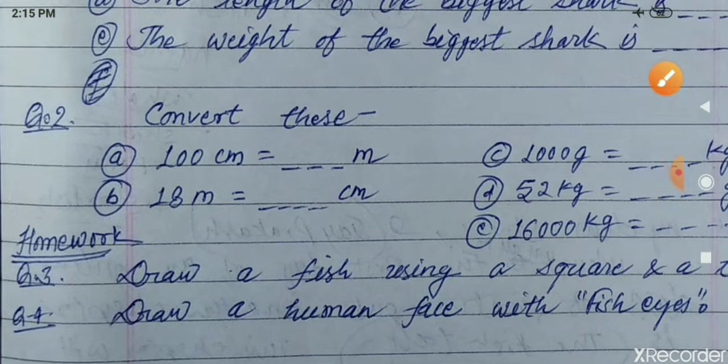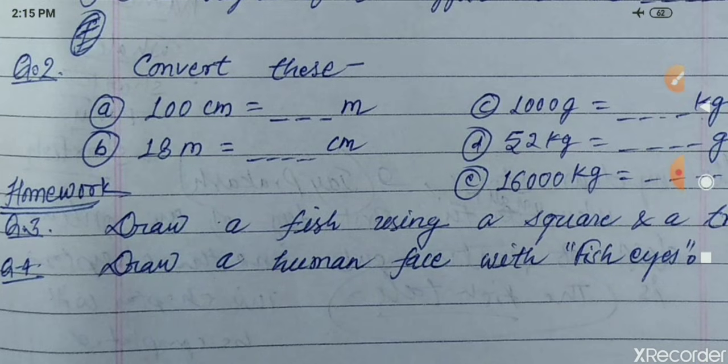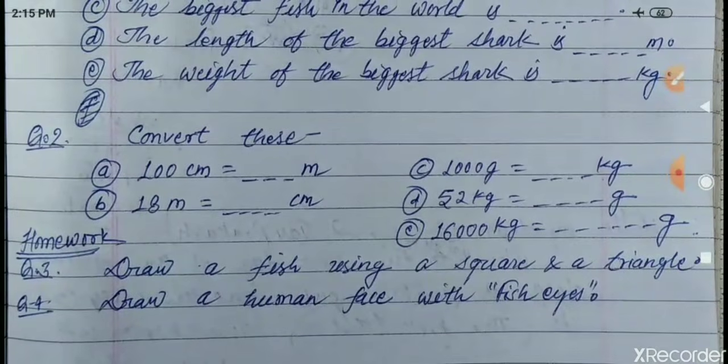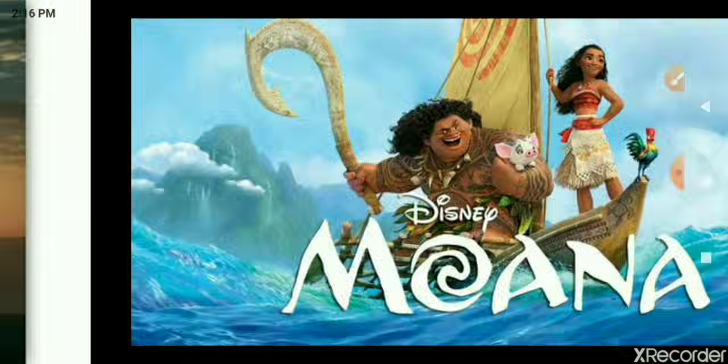Now come to the next question. It is for your homework, but okay, let's solve it. Draw a fish using a square and a triangle. We have discussed it, but I want to show you a picture for it.